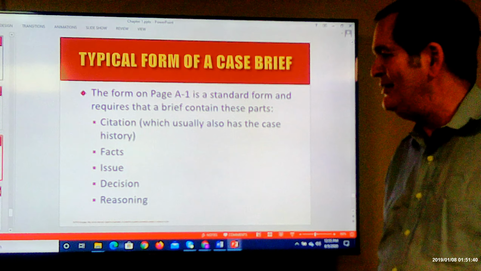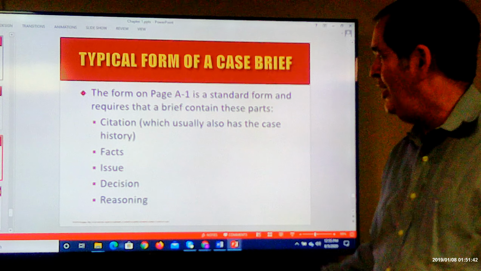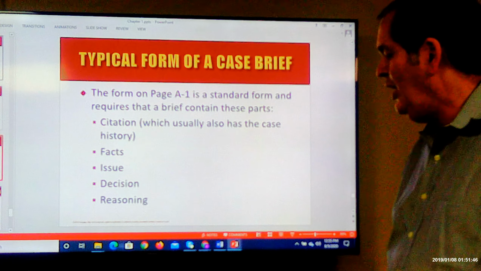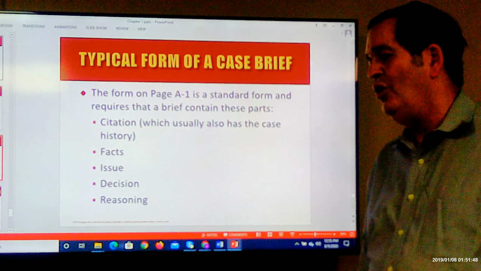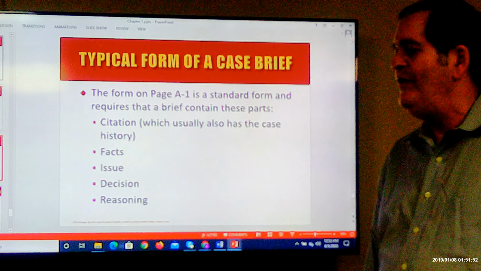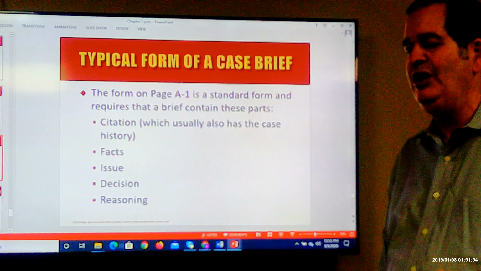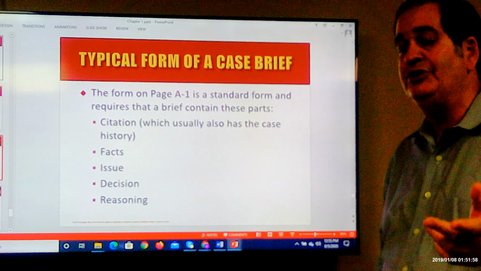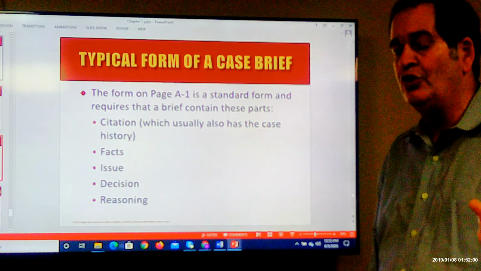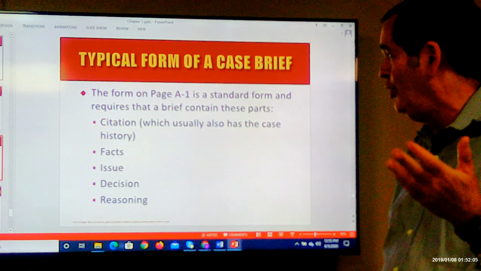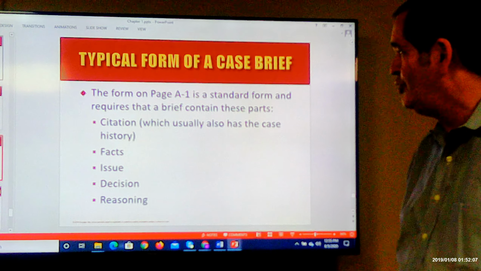Then read it the second time with these elements or these parts in mind. Okay, so at the top of the brief you're usually going to put the citation and the history of the case. The history of the case meaning where it came from, what lower court did it come from, and sometimes it came all the way up from the trial court to the intermediate appellate court, now to the highest appellate court. So you recite that history.